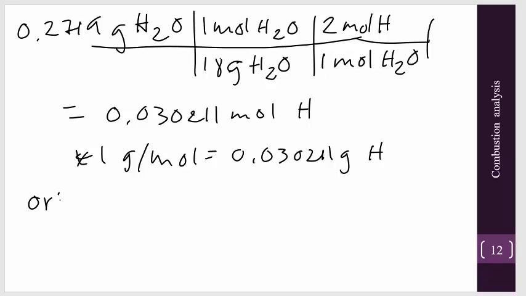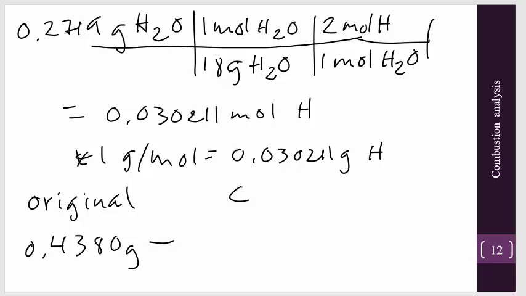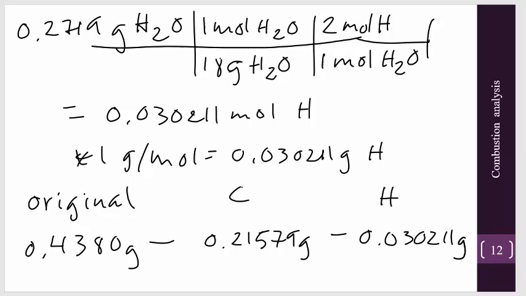So our original sample was the 0.4380 grams. We're going to subtract from that the grams of carbon that we found just before, which was the 0.215 grams of carbon, minus the grams of hydrogen now that we just found. And I'll just punt this to the next slide.